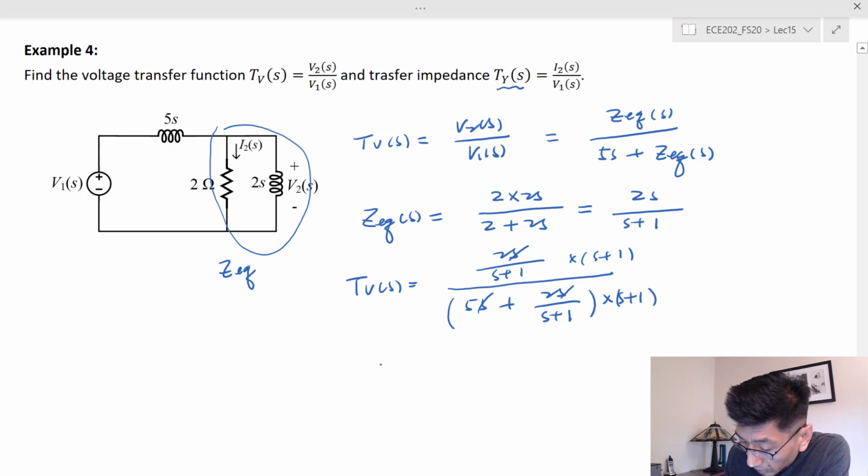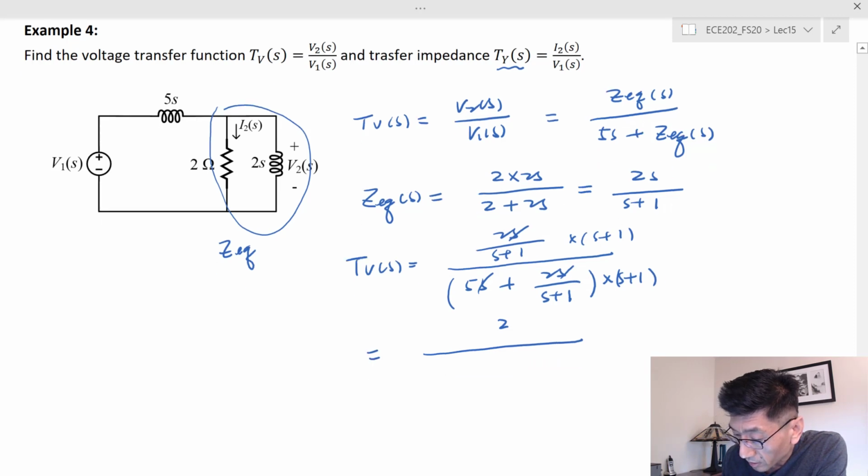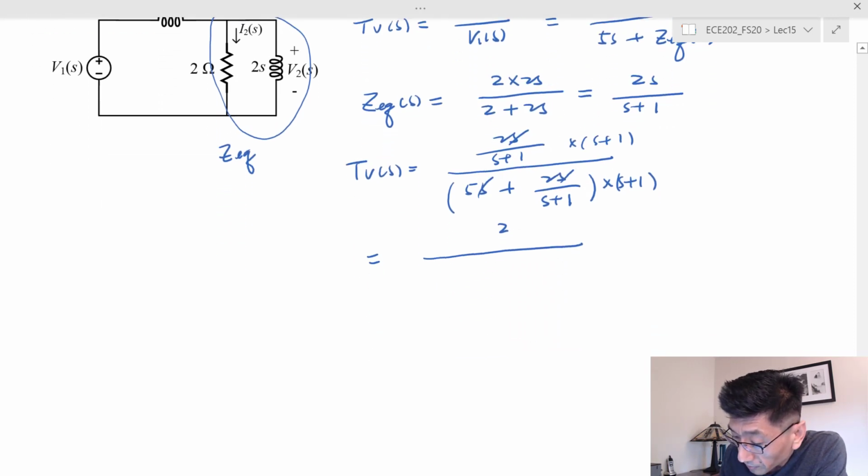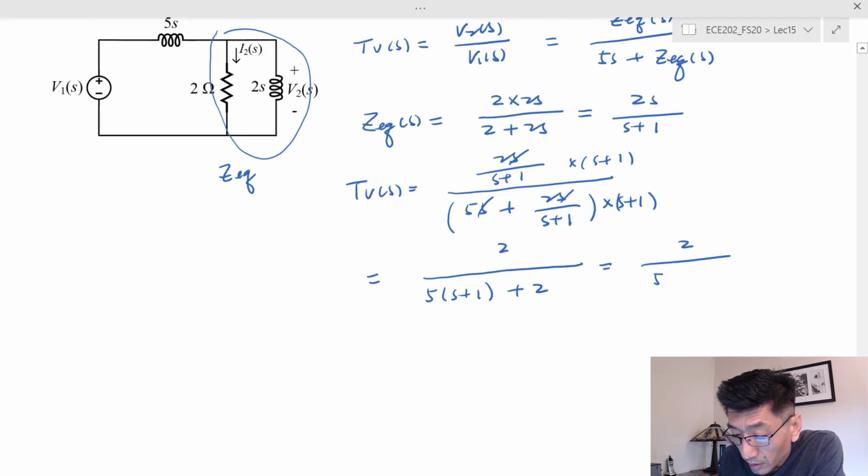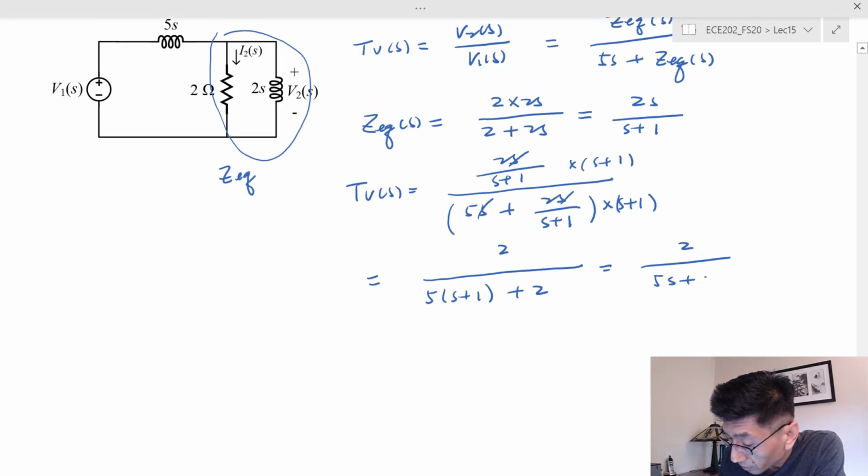So in this case, I get 2 on the numerator, S plus 1 being canceled, S already gone. On the denominator, I got 5S plus 1 plus 2, right? Because the S is already gone. So I got 2 over 5S plus 7, right? So that's the voltage transfer function, right?